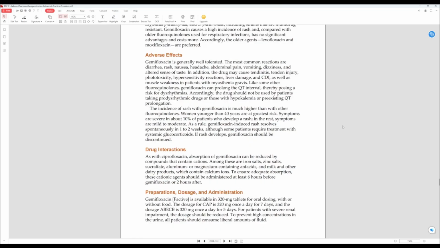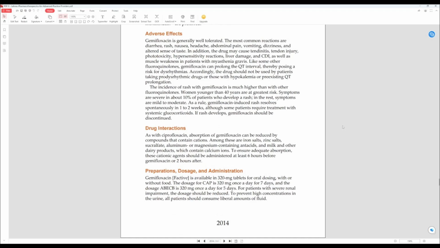Its adverse effects. Gemifloxacin, again, is generally well tolerated. The most common reactions are diarrhea, rash, nausea, headache, abdominal pain, vomiting, dizziness, and an altered sense of taste. In addition, the drug may cause tendinitis, tendon injury, phototoxicity, hypersensitivity reactions, liver damage, and CDI, as well as muscle weakness in patients who have myasthenia gravis.